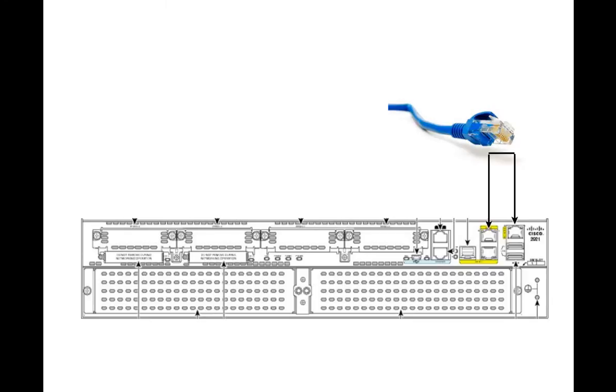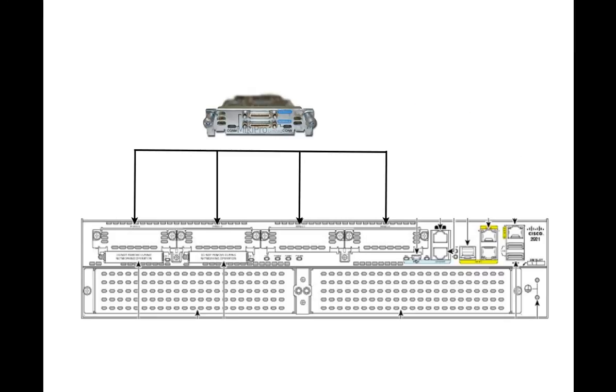We also have slots, and the slots are normally labeled 0 all the way furthest to the right and down, and then slot 1 to the left, and they're usually numbered right to left, bottom to top. It's not always the case, but in most cases that is what it is. So we have some slots that are used for what is called, in this case, a high density WAN interface card that we use to connect up to the wide area network. As you can see, there are 4 little mini slots that are used to connect with high density WICs.